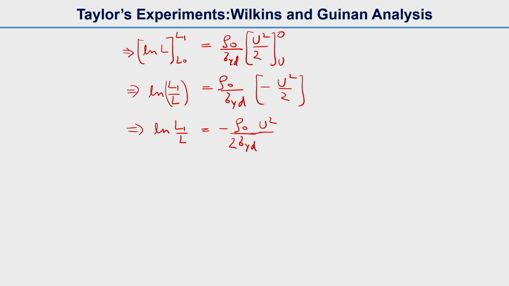So this is the expression, and it shows the dependence of L1 by L with rho u square by sigma yd, which is also similar to what we got for the Taylor's analysis.